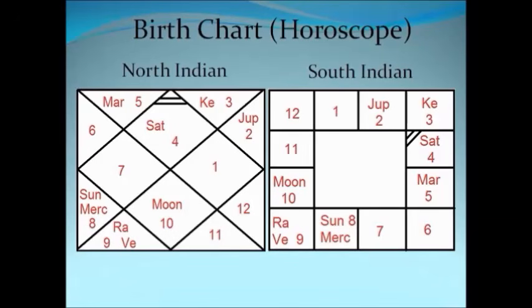The numbers 1, 2, 3, 4 up to 12 mentioned in different houses are actually the numbers assigned to different rashis. As I told you earlier, we will talk about these rashis and the numbers assigned to them in session 2. This square along with 12 houses represents the picture of the zodiac on paper in North Indian format.